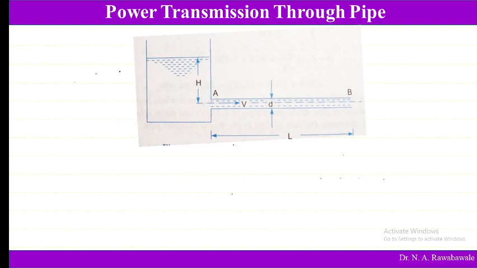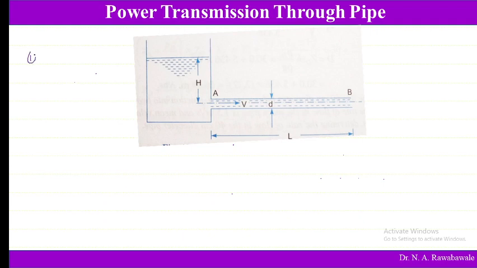Generally the power is transmitted through pipes by flowing water or other liquids. The power transmitted depends upon two things: the weight of liquid flowing through the pipe and the total head available at the end of pipe. So here two things we have to see.